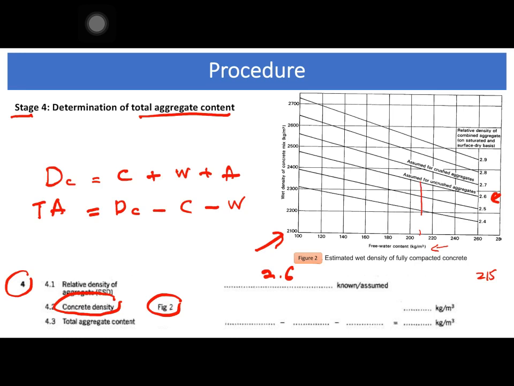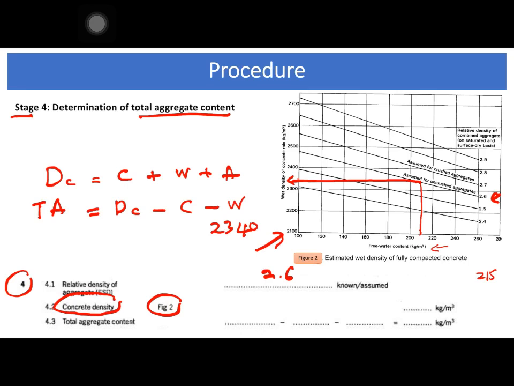Project this one, you can use a ruler. At this intersection, you go across to the density. Let's say the value is maybe 2340, because it is here at 250. So now the density is 2340.